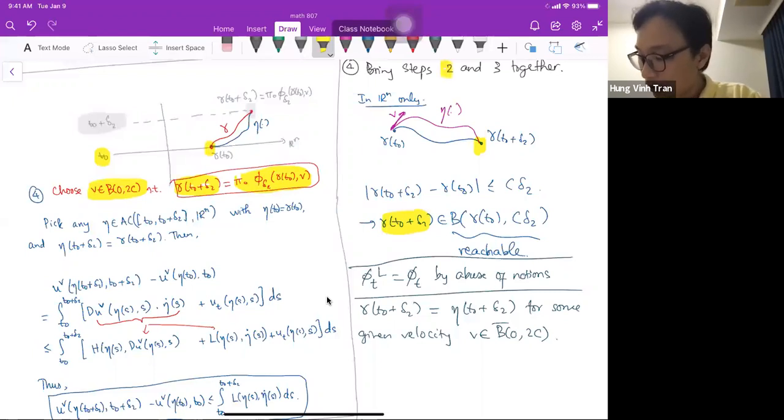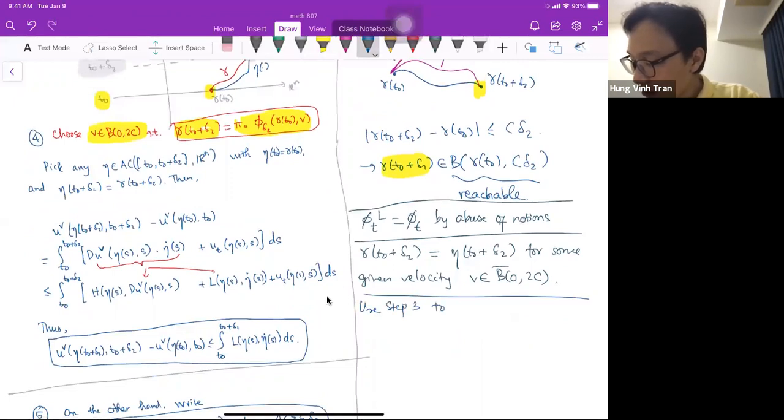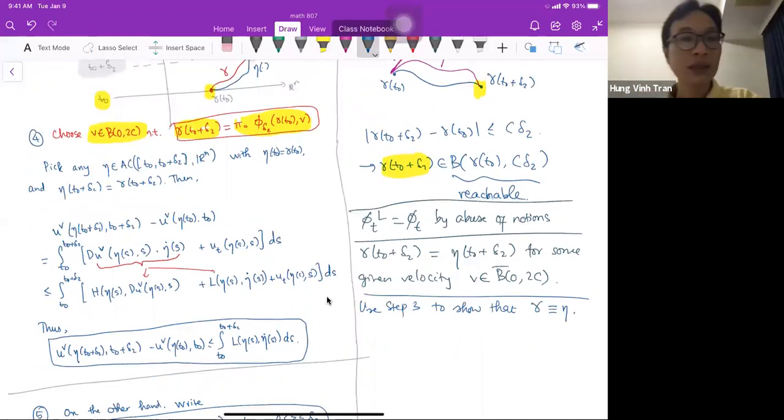Let me tell you right away then. We use step 3 to show that gamma has to be eta. Why is this good?